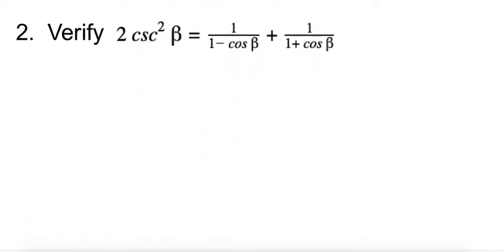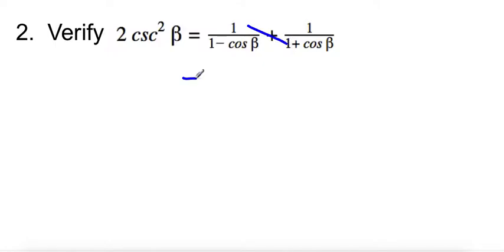All right, we want to show that 2 cosecant squared beta is equal to 1 over (1 minus cosine beta) plus 1 over (1 plus cosine beta). I'm going to start on the right-hand side this time because it looks a little more complicated. One of the guidelines we suggested was maybe combining fractions, so let's try that. I'm going to use the picnic table method that we talked about the other day, but if you want to get common denominators, you can.